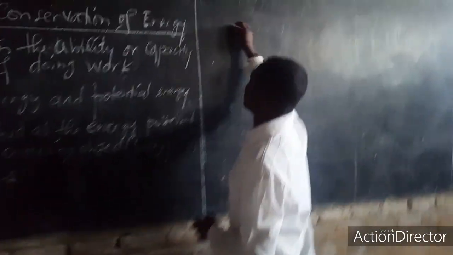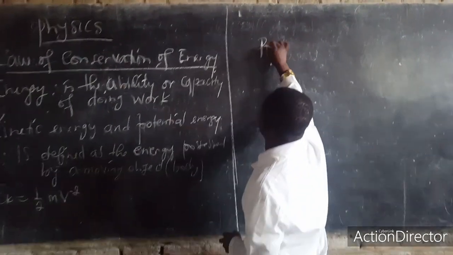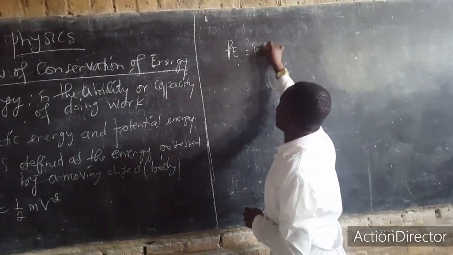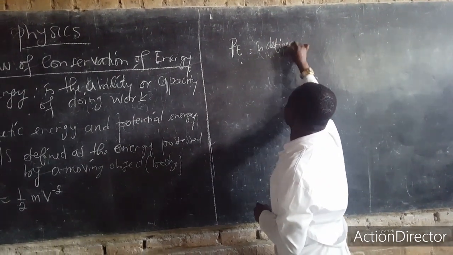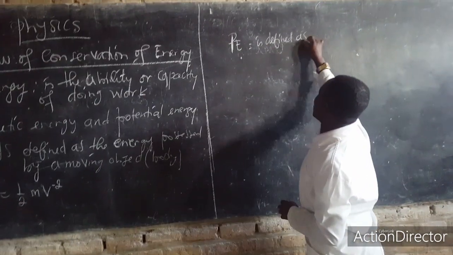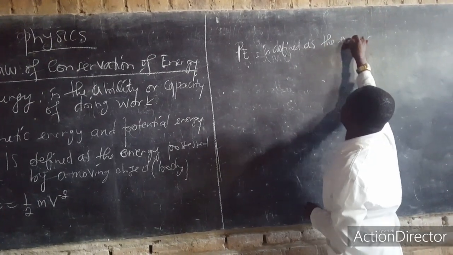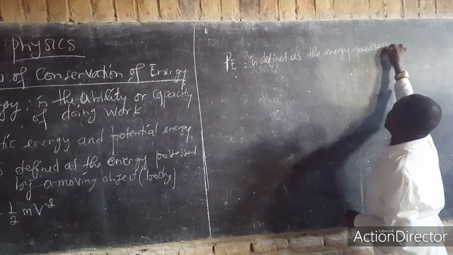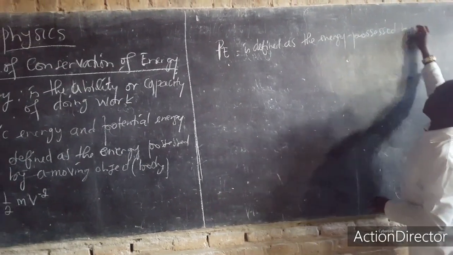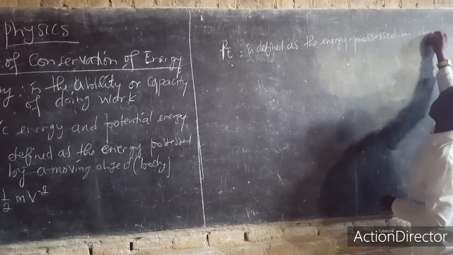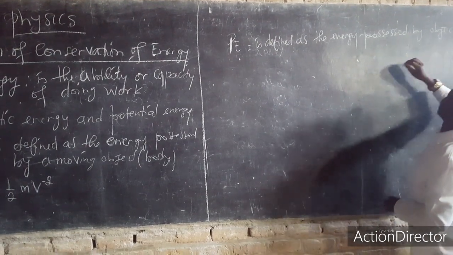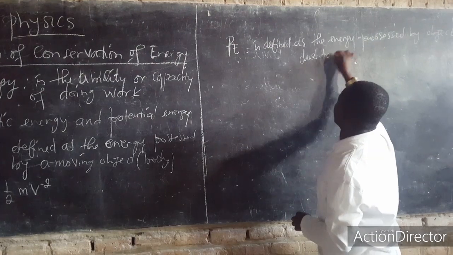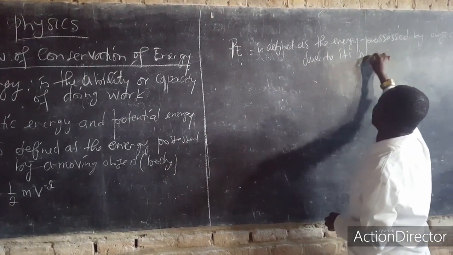Potential energy, which is represented by PE, is defined as the energy possessed by an object due to its position.